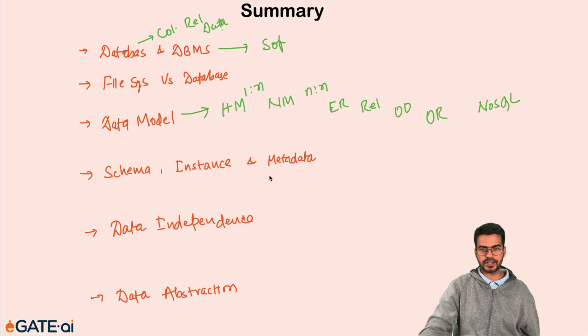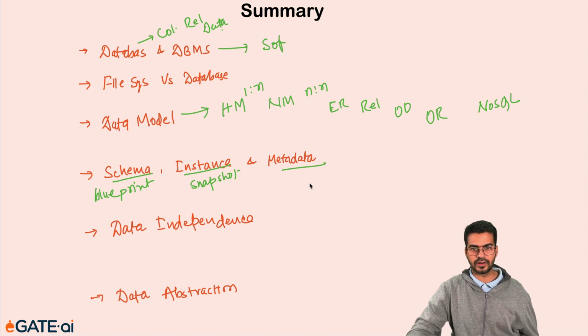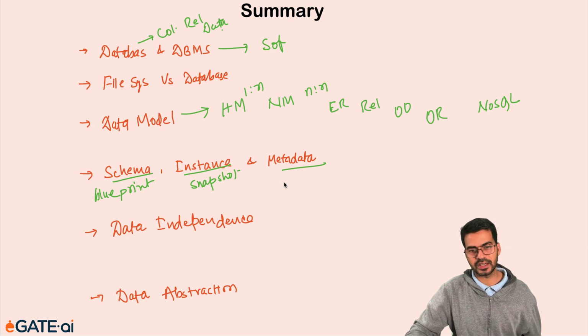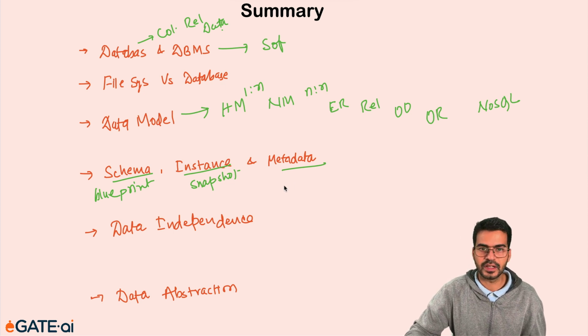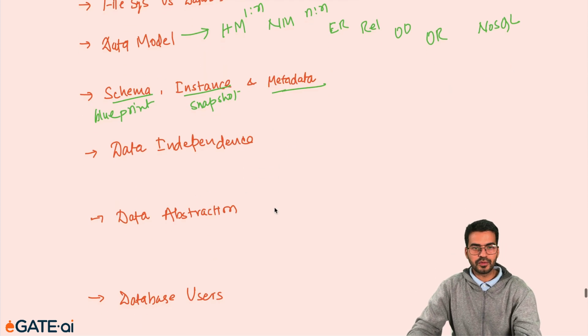Schema, instance and metadata was something we studied, where schema, as you can recall, was the blueprint. Instance is a snapshot of the database at a particular moment, and metadata is meta information about the schema or database, like table names, data types, and the relations between the tables. Then we moved to data independence.